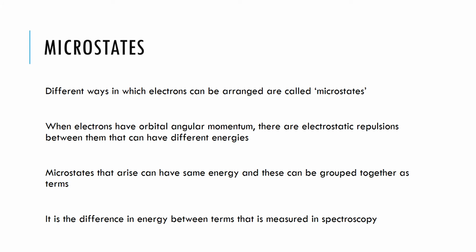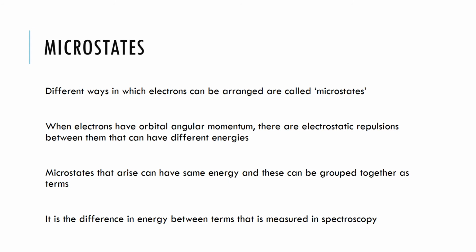Now, if we consider the F block in particular and the small energy differences, particularly between the 5d and the 6s orbitals, the core nature of those 4f orbitals, the slightly less core nature of the 5f orbitals, we realize very quickly that there are lots of different ways in which we may arrange electrons around these atoms, and we call these different ways microstates.